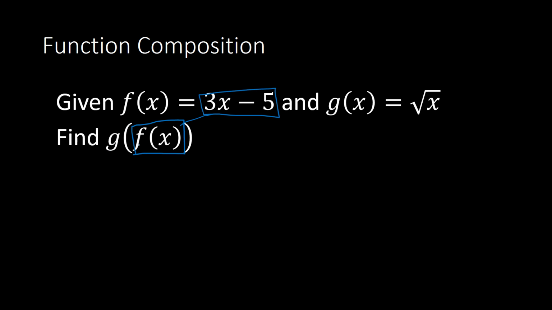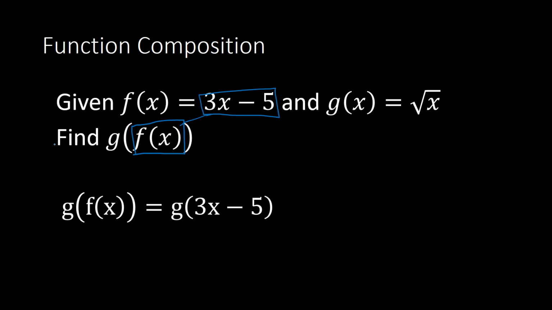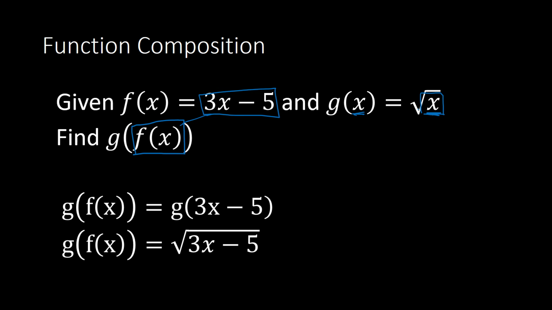So instead of g of f of x, I now have g of 3x minus 5. Which means that in place of x in the g function, I'm going to put in 3x minus 5. So what we have is the square root of 3x minus 5, and that is my solution for g of f of x.